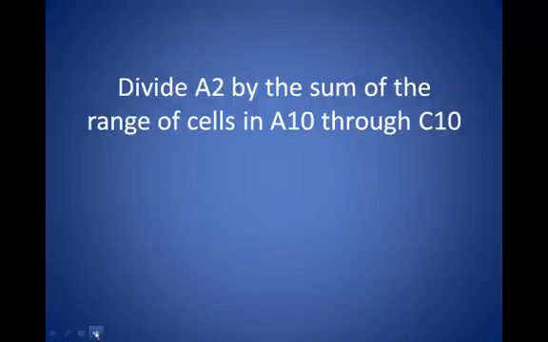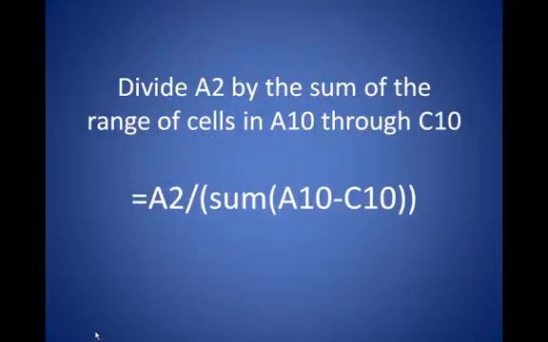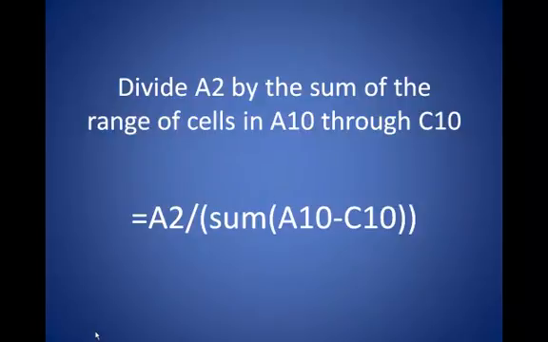Now the next one, we're going to divide A2 by the sum of the range of cells in A10 through C10. So once again, we're going to start this with equal, and then we can do equal A2, and then we use the forward slash because that's how we show division.